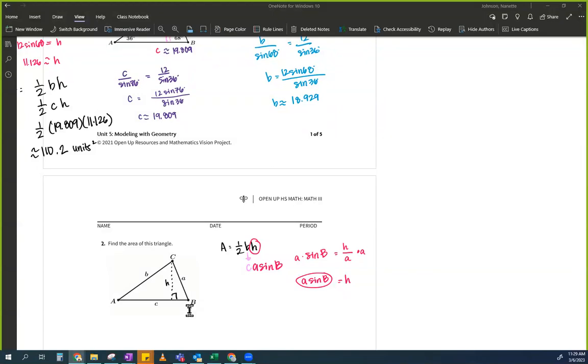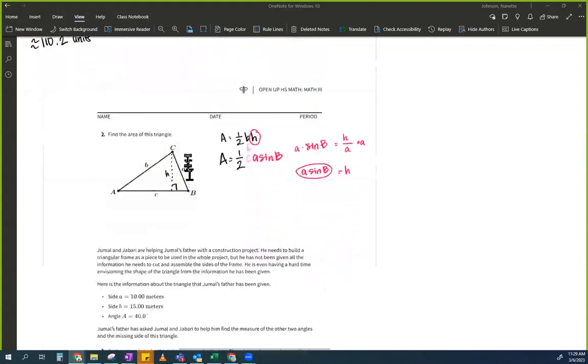So here's your formula. To find the area of a triangle, any triangle, you can go with half times base times A sine B. Notice where C is. Notice where A is. And notice where big B is. So you can literally rewrite this area formula three times.